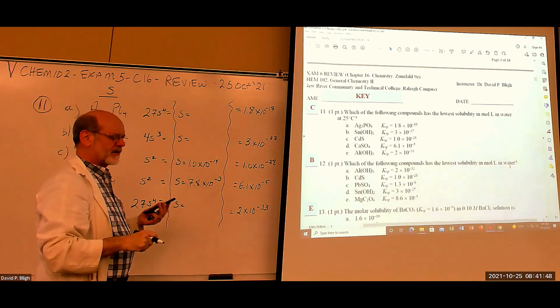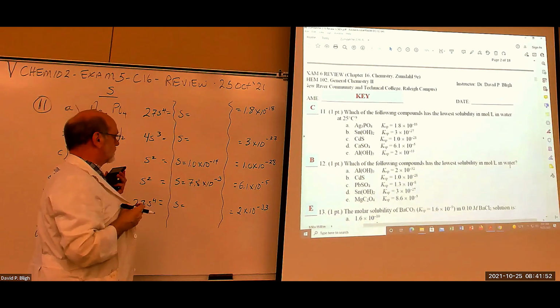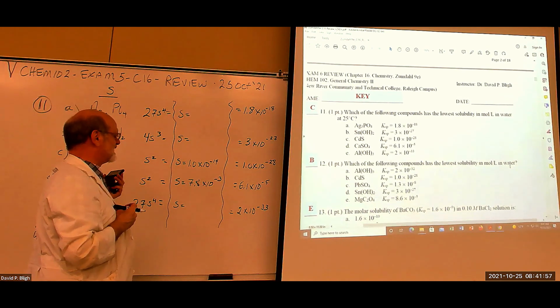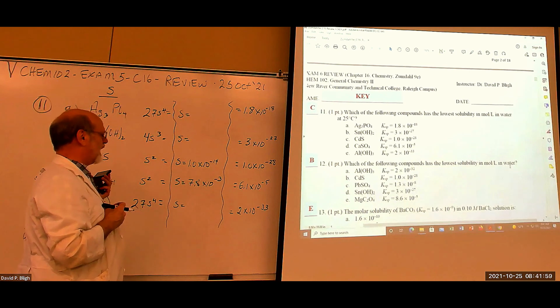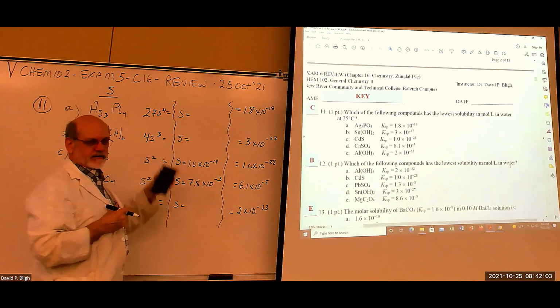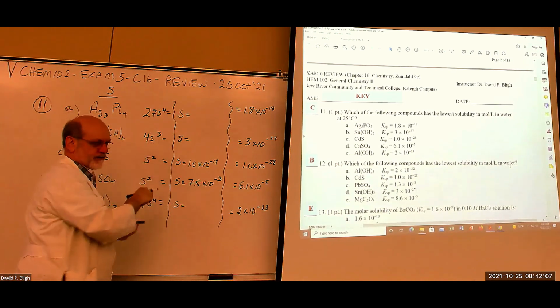So in my calculator, the third root is, let's see, the 1/3 power. If I do my power key to the 1/3, it's the same thing as the third root.